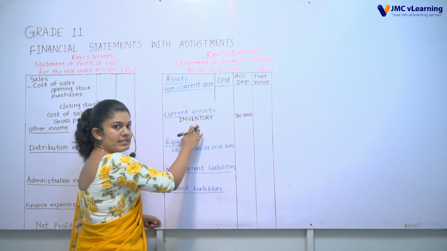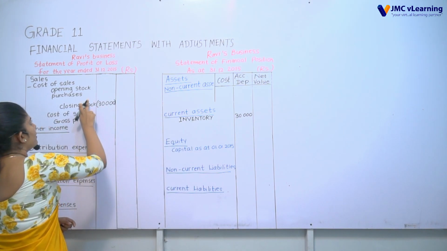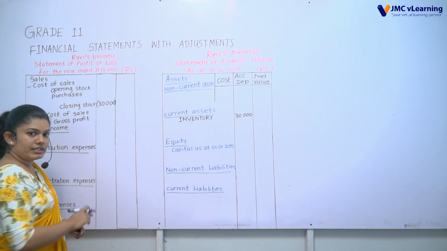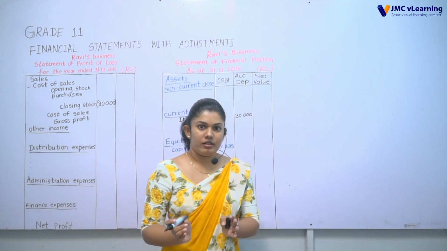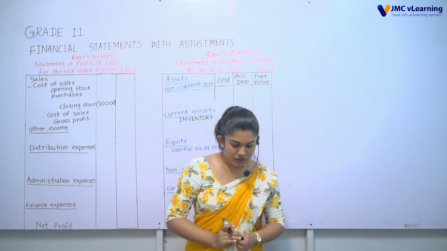Under current assets as well as under cost of sales, closing stock. Now the first additional information is complete. Next additional information.